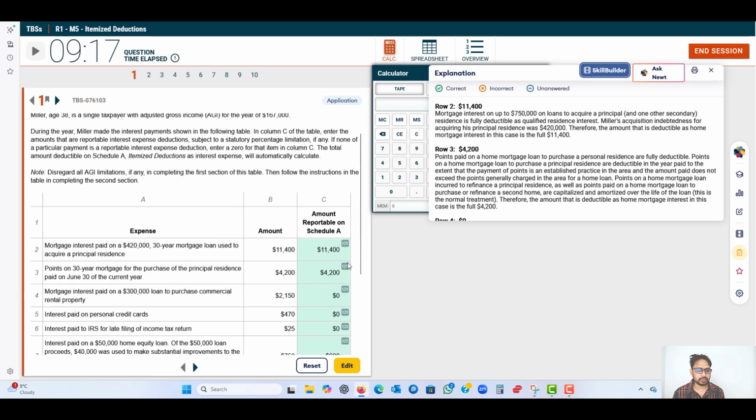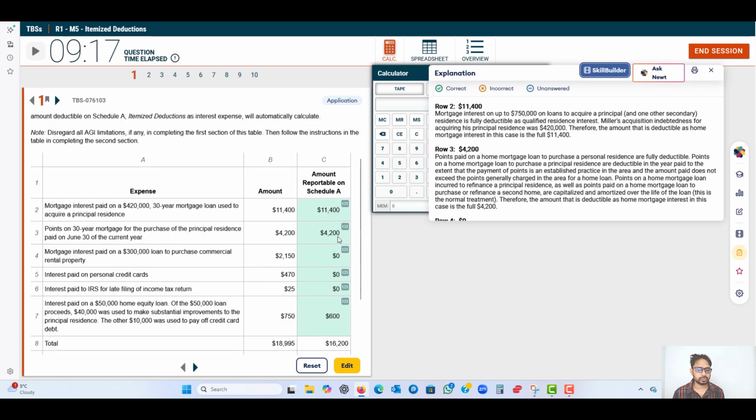So mortgage interest 11,400, points, it is also deductible. Mortgage interest on commercial loan to purchase commercial rental property is not deductible on Schedule A. It is deductible only on a Schedule E, and if you have rental income, then it can be deductible.